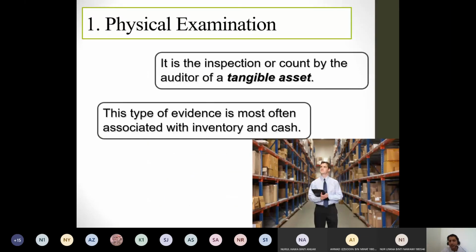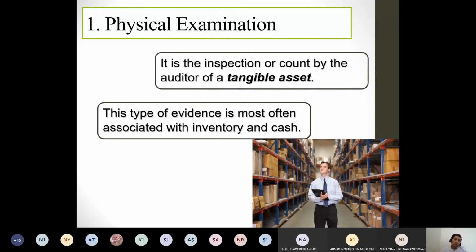Physical examination is usually about inspecting or counting tangible assets by the auditor. Most probably it's about inventory and cash, and sometimes about assets like machines, cars, buildings, and so on.